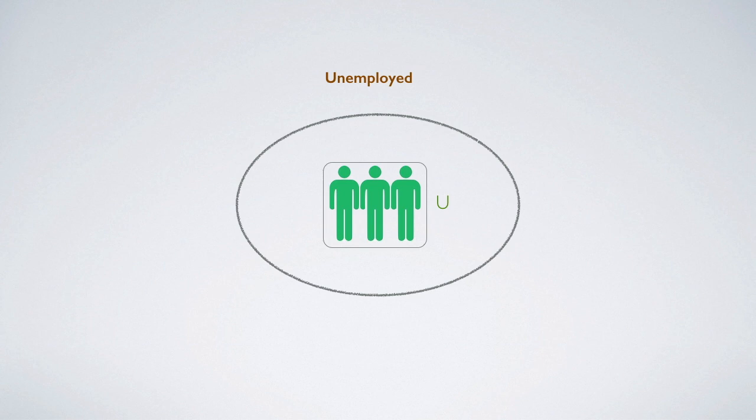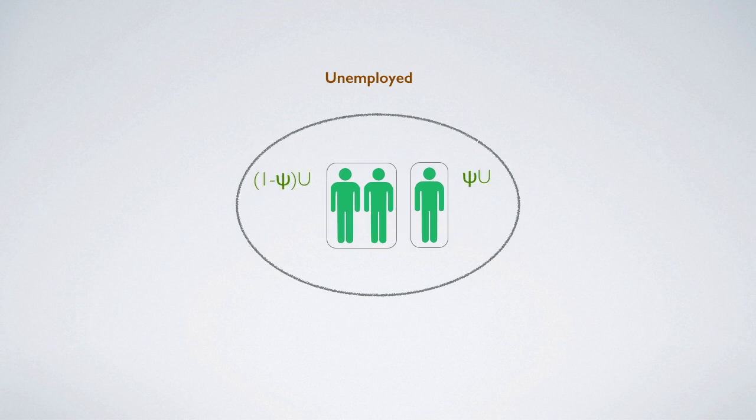To understand what that constant level would be, we have to understand under what condition the status quo will stay constant. We use the unemployment pool as an example. If the unemployment pool number is U and the long run job finding rate is phi, then in each period, phi times U of them would jump out of the unemployment pool.